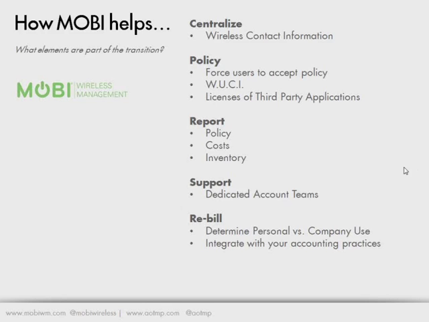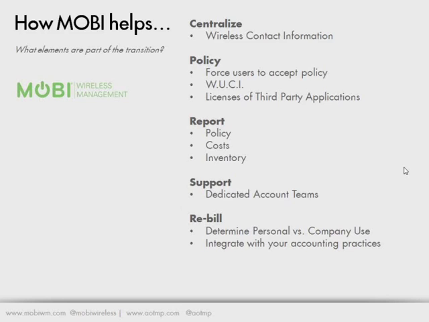That policy piece, especially with this individual liable situation, has been really critical in being able to mitigate the risk that can exist with this kind of transition. Reporting is critical.